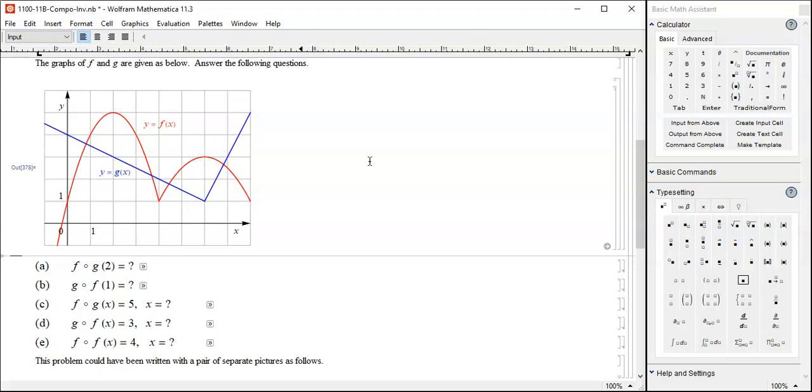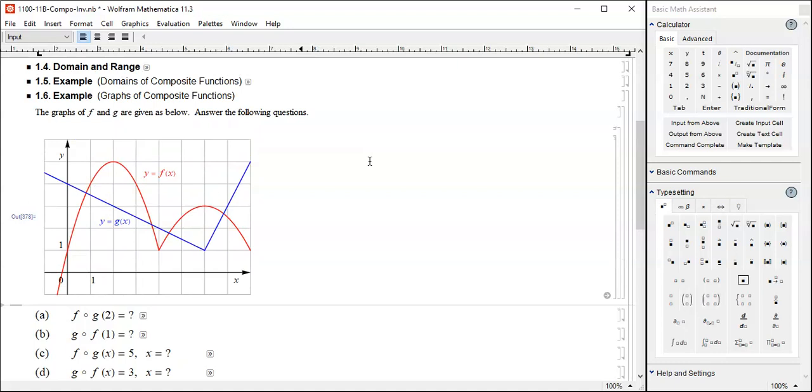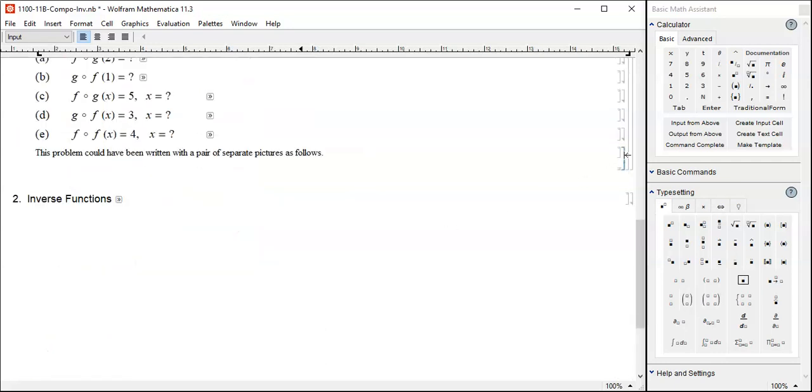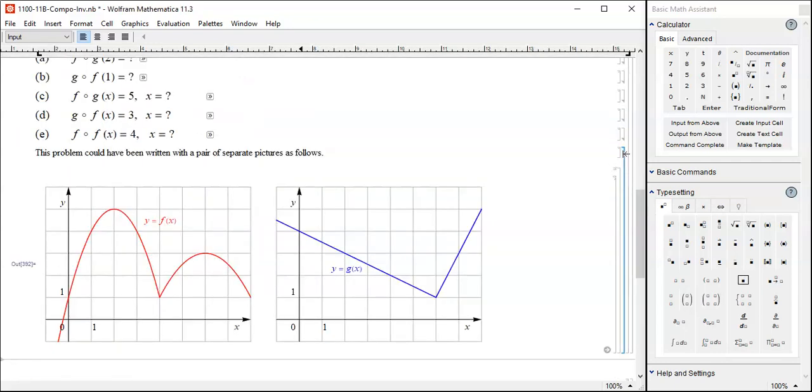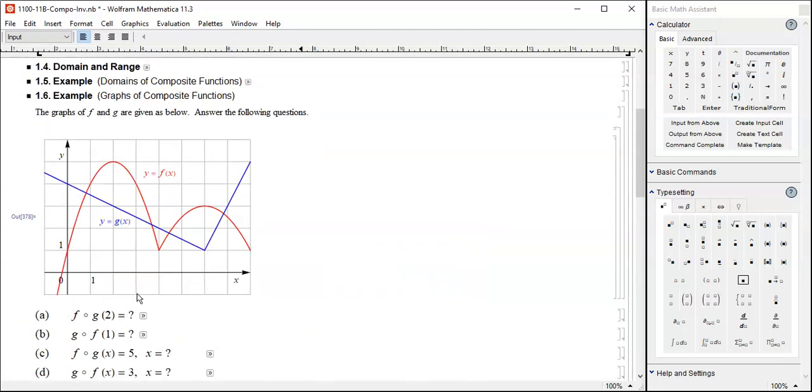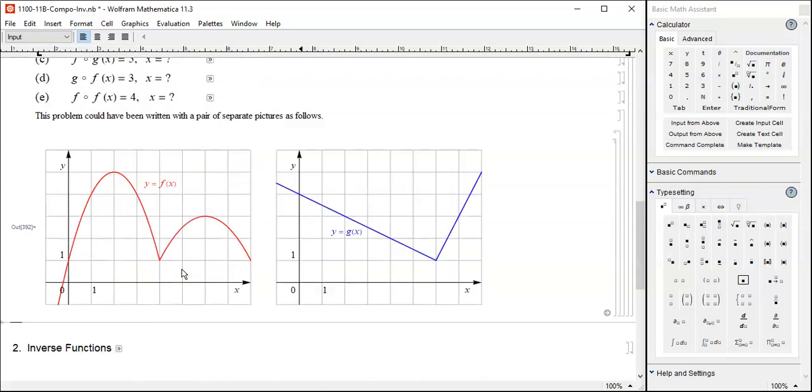By the way, the problem is pretty much identical even if I gave you two separate graphs like this, red and blue, instead of putting them together in the same viewing window. This one is of course a little bit harder to see because both are put together in the same viewing window, but this way I can produce one big picture.